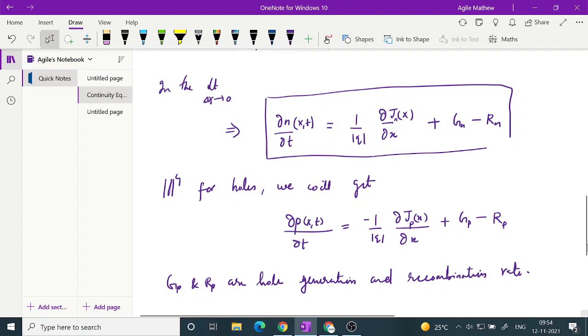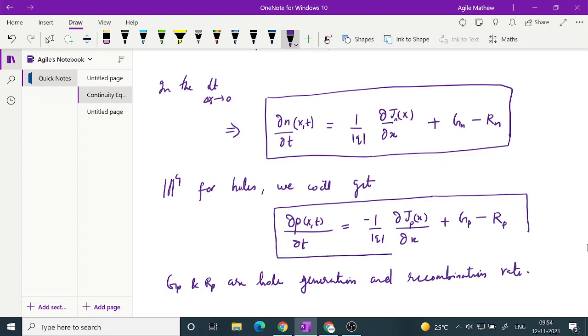In one form we can say there is a different form after substituting the expression for the current which we derived earlier into this expression. We will get a slightly different form, but this itself is a continuity equation. What it says is that if the concentration of electrons is changing at a particular point x in the semiconductor with respect to time, there can be multiple reasons for it.